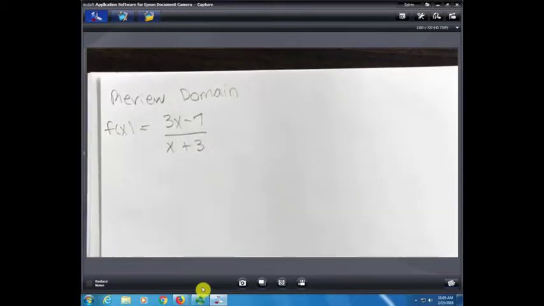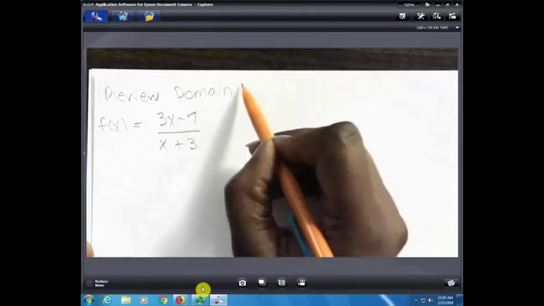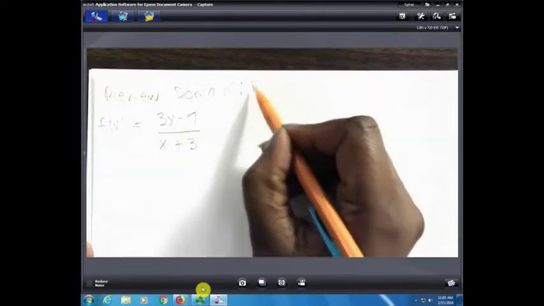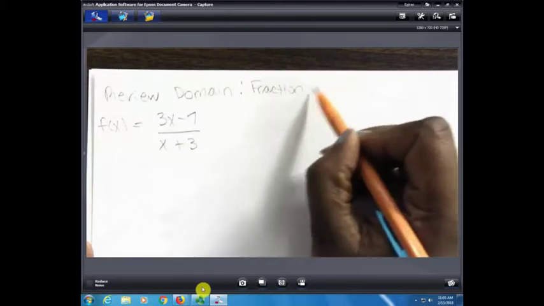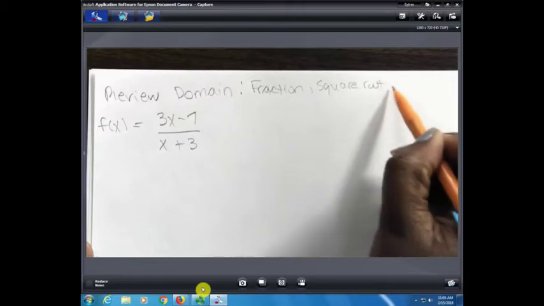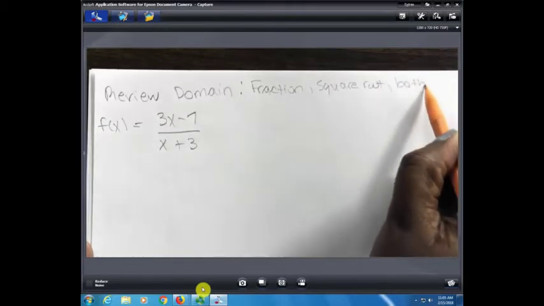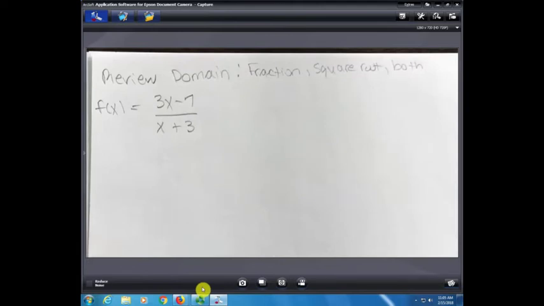Now, if we recall, when we're talking about domain, we need to look at whether something is a fraction, a square root, or both. So you're looking at whether something is a fraction, a square root, or both.